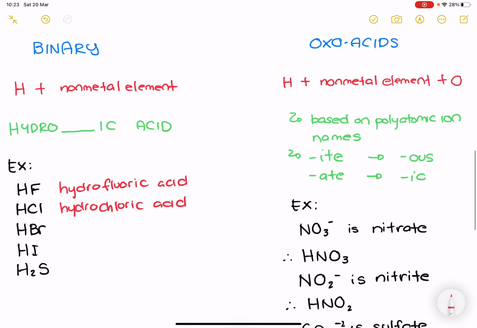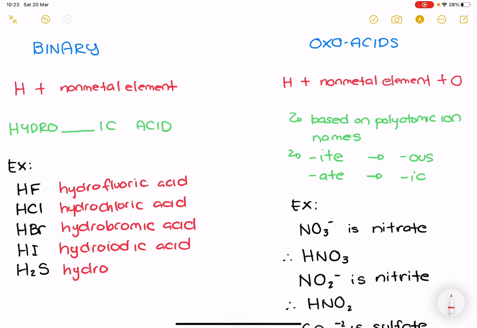Next one here is HBr, hydrobromic acid. And then hydroiodic acid. And lastly, we have H2S, hydrosulfic acid.